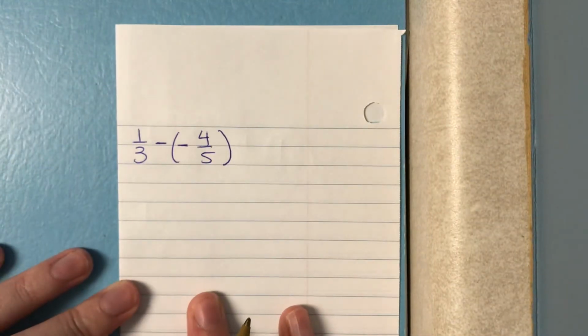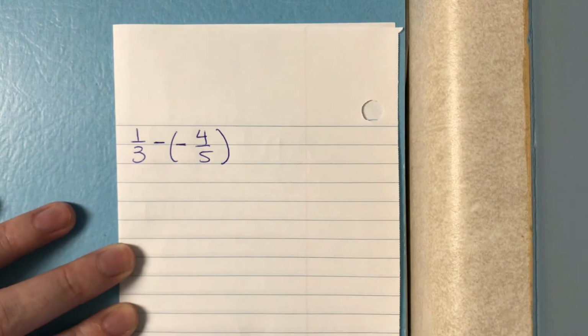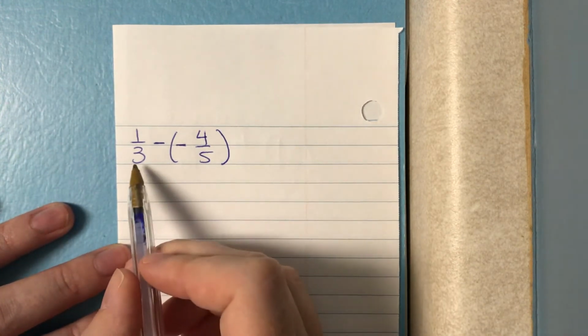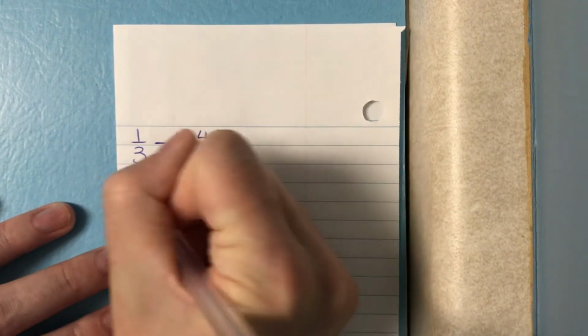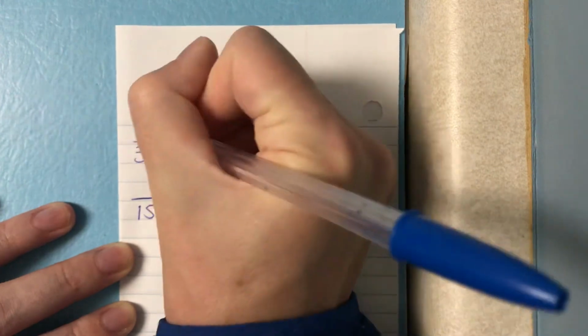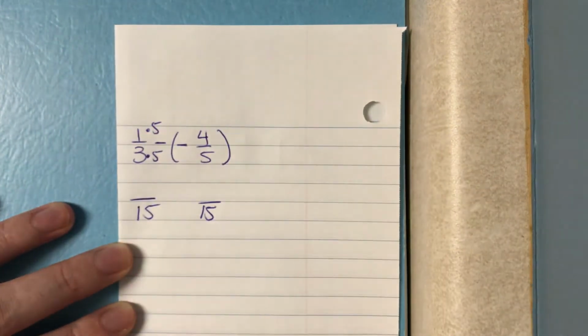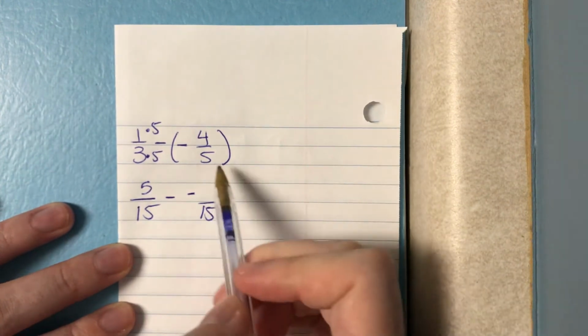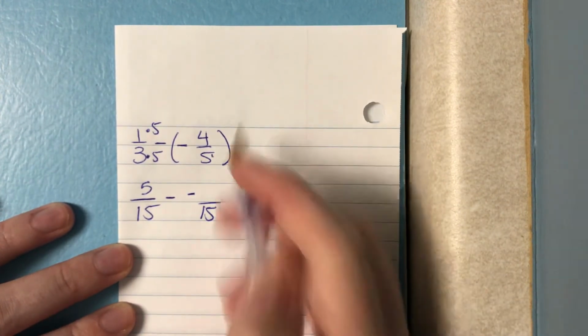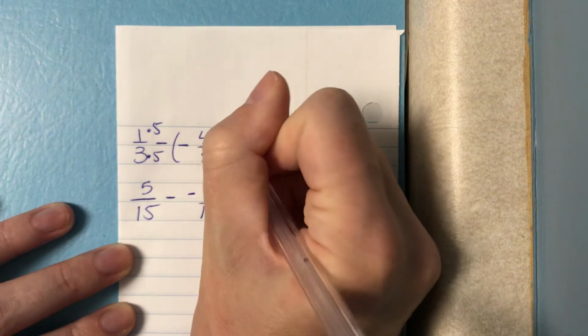All right, next one. So I have 1/3 minus negative 4/5. So common denominator, I have 3 and 5, so I think 15 is going to be my common denominator. So 3 times 5 is 15, so times 5 on top. Then I have minus a negative, and then 5 times 3 is 15, so times 3 in here.